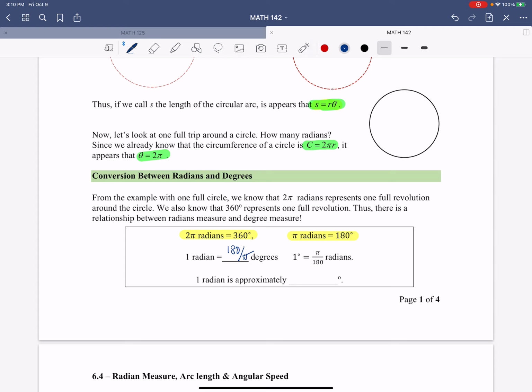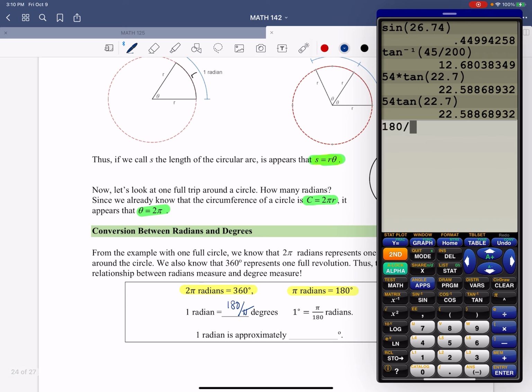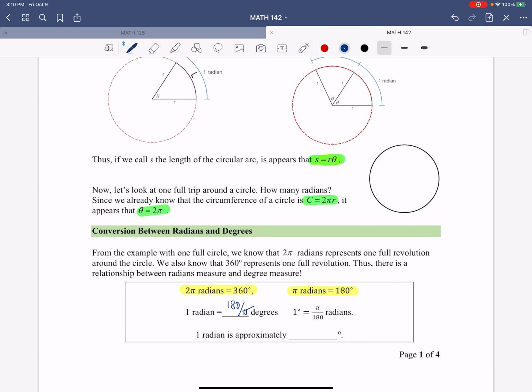Now what that means also is that 1 radian is approximately, well, let's see. If I just take 180 and divide by pi, 1 radian is about 57.3 degrees. I'm just going to round that to the nearest tenth because that just seems sufficient.